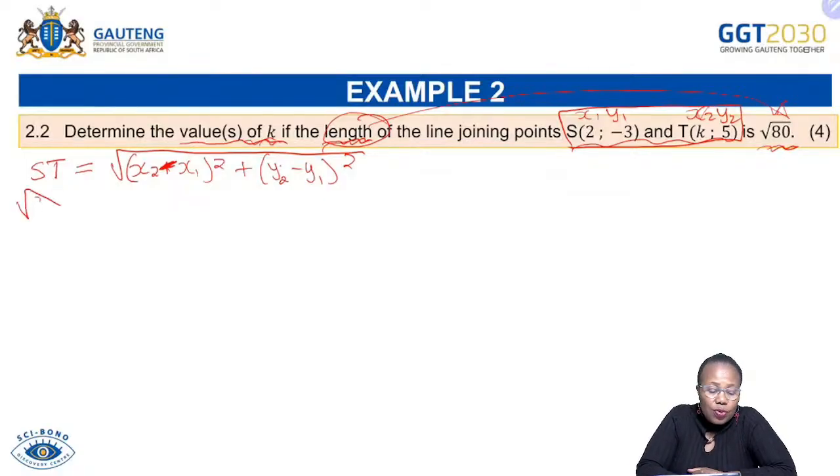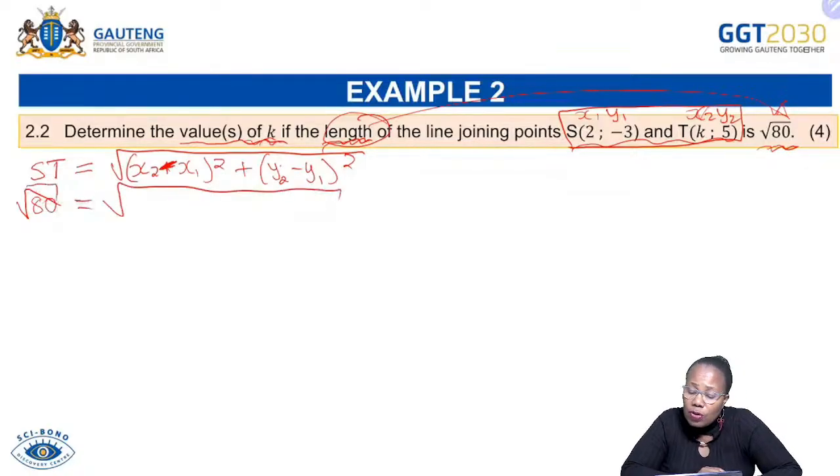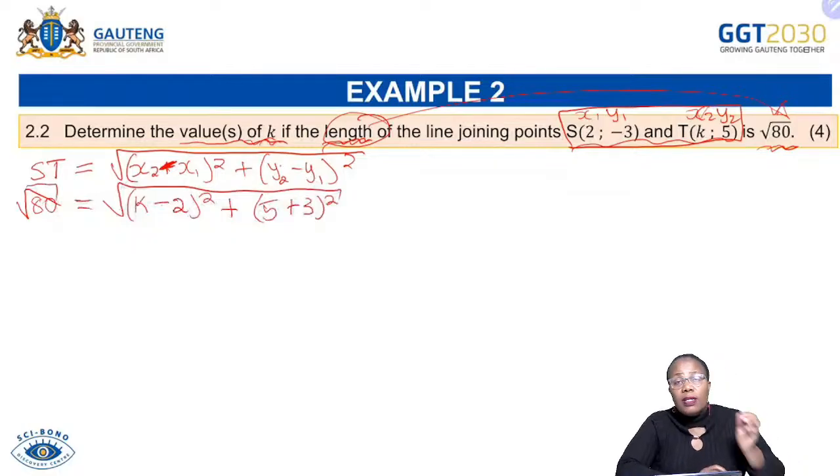So we substitute square root of 80 for ST, and it equals the square root of x2, which is k, minus the x1, which is 2, squared, plus y2, which is 5, minus the y1, which is negative 3. It will cause this to be positive, and then this is squared. Grade 12, you need to apply your algebraic simplification of equations to solve this problem.